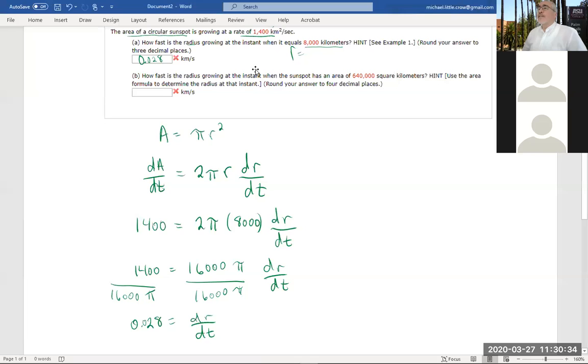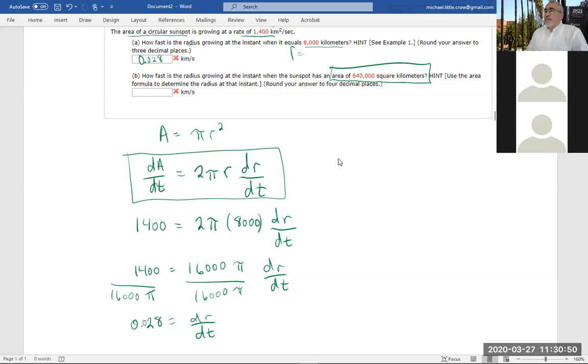The second part of this, though, is a little different. Instead of given the radius, we're told the time of when it has the area, okay? So we're still using this same formula, right? We've got dA dt. We don't have this.